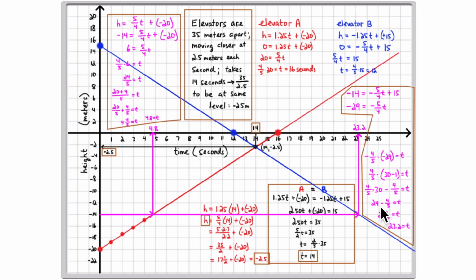So 4 times 6 is 24 minus 4/5, that's going to give you 23 and 1/5. So you take away 4/5 from this 24, you're left with 23 and 1/5. And 1/5 is the same as 2/10. So the amount of time it takes is 23 and 2/10 seconds to get from 15 meters above ground to 14 meters below ground.